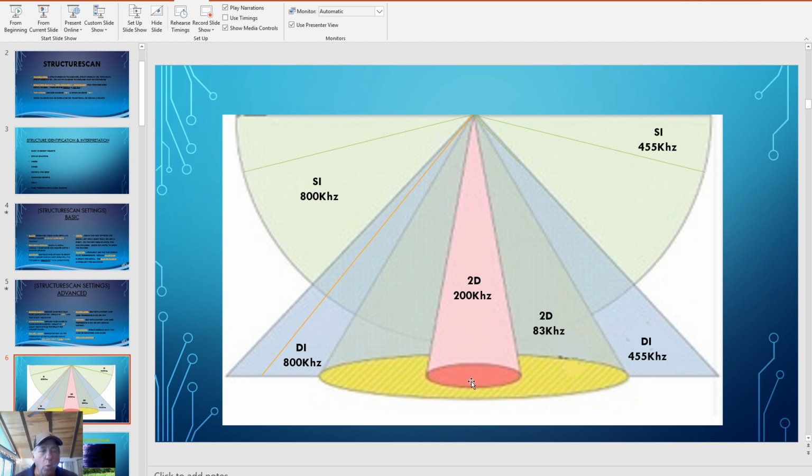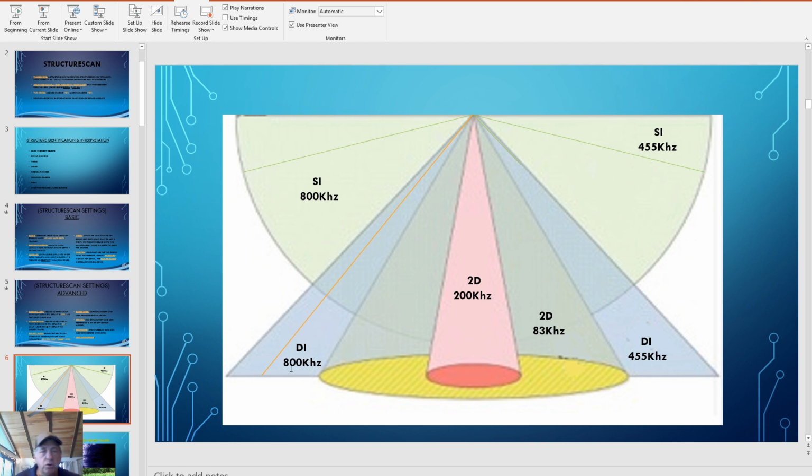You might ask, well, why would you do that? 200 kilohertz, the higher frequency, gives you much better detail in your sonar returns, right? Much better definition. So 83 kilohertz, being inversely proportional, the lower the frequency, the greater the cone angle and the greater the coverage area.